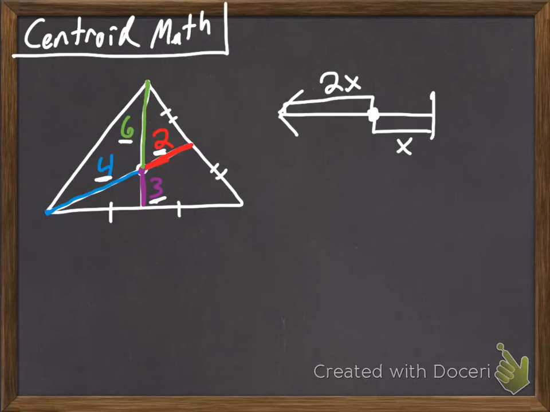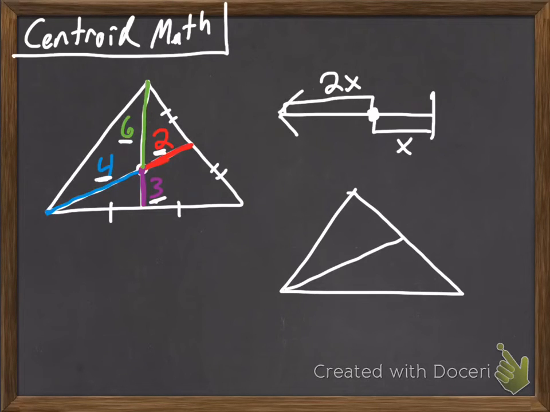So if I know that this piece here is 5, and I want to figure out how far it is from its vertex to the centroid, I double it and I know it's 10.